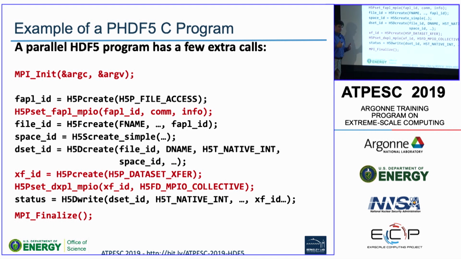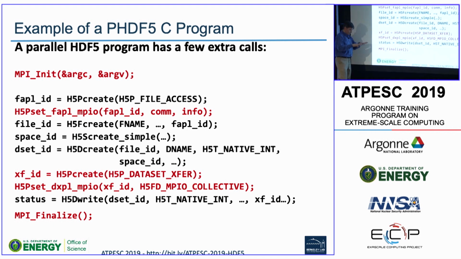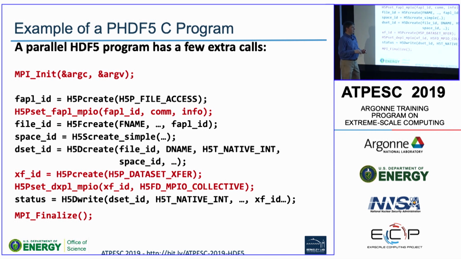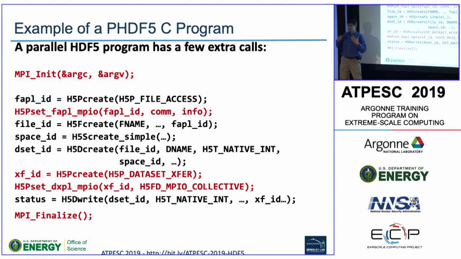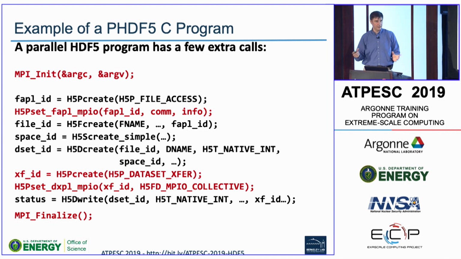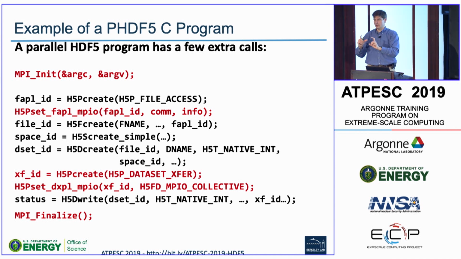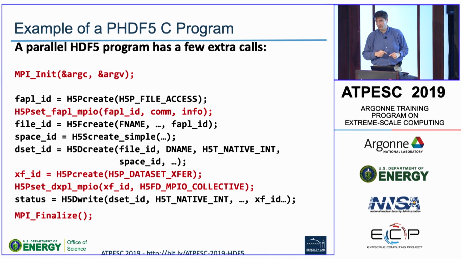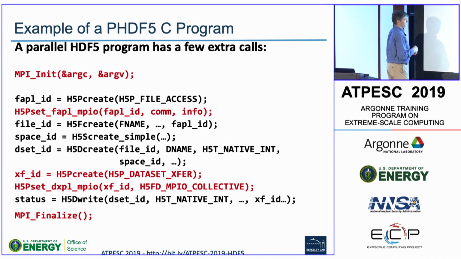And then you want to write your array from all those different ranks into this single data set. I'll show you about subsetting later, so it's not on this slide, but most likely each process in your MPI job is going to have a part of the array, and they're going to write out a buffer that gets put in the right location by MPI's collective I/O in the file's data set.